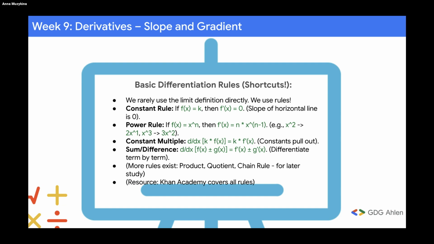The notation d/dx means the derivative with respect to x. So, d/dx of k times f of x equals k times f prime of x.